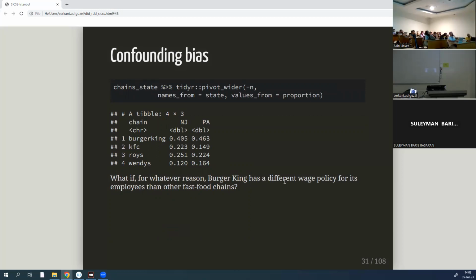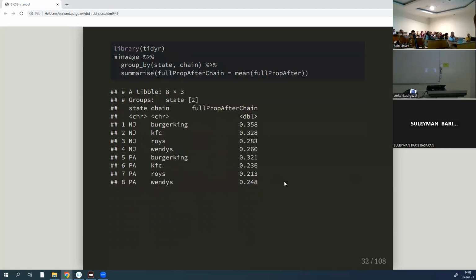So the proportion of Burger Kings across New Jersey and Pennsylvania, KFC, Roy's, and Wendy's. One can argue that, look, in Pennsylvania almost half of the restaurants are Burger King. What if Burger King has this different wage policy, which might explain the difference that we just computed, right? Then what you need to do is calculate for each state, for each chain, the outcome that we are interested in.